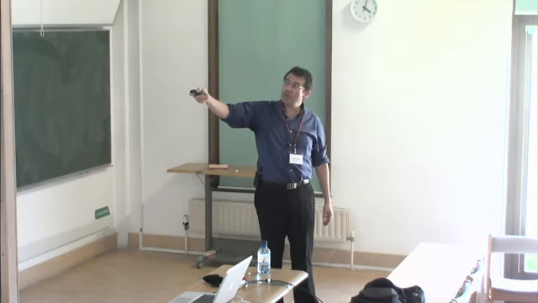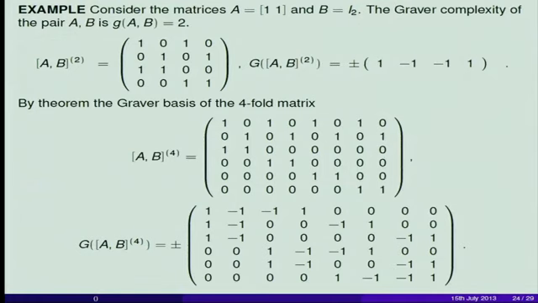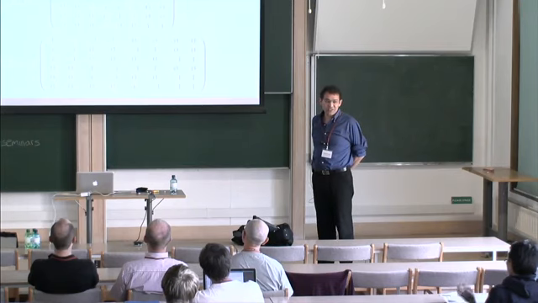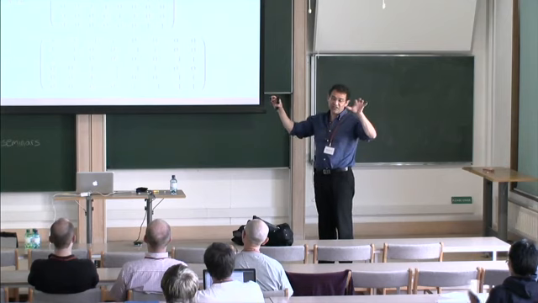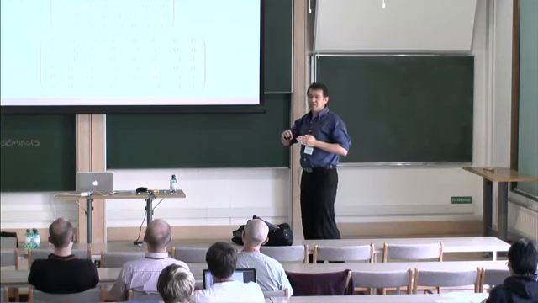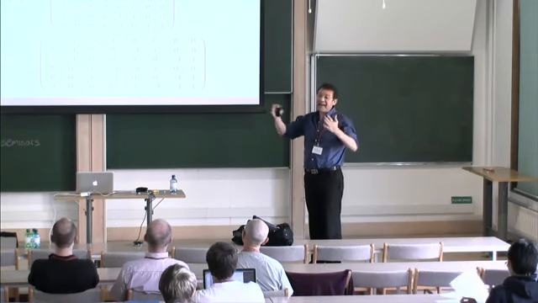For example, if you want to compute the Graver basis of the fourfold product, well, this is the Graver basis of the fourfold product. But look at it. Compare this to that. What do you notice? Do you notice that it's just the addition of zeros? Essentially what this theorem says is that at some point the Graver bases will stop growing other than adding zeros.